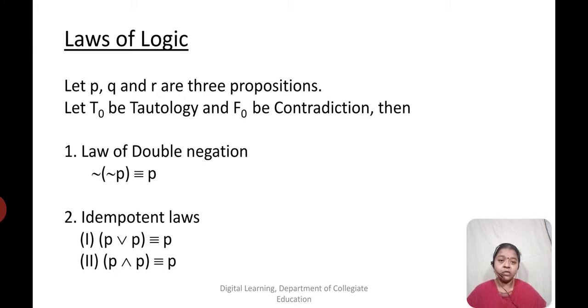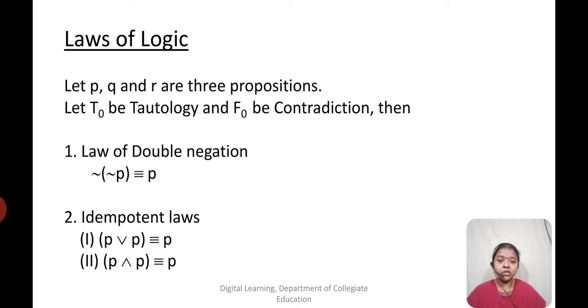Then the first law is called law of double negation. That is, negation of negation P gives me P itself. You all will remember that in matrices we have A complement whole complement is equal to A, or in simple words, you have studied set theory in your middle school or high school. There you know A dash whole dash is A, isn't it? The same thing we are using here.